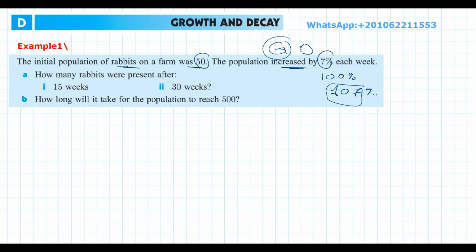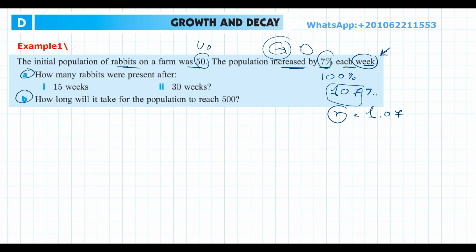Then r, which is the multiplier value, should be 1.07. From this concept you generated r. Here we have u0, which is the initial amount, and after that he said increased each week, so we use week as the time.